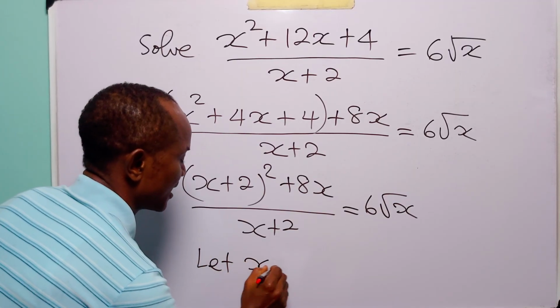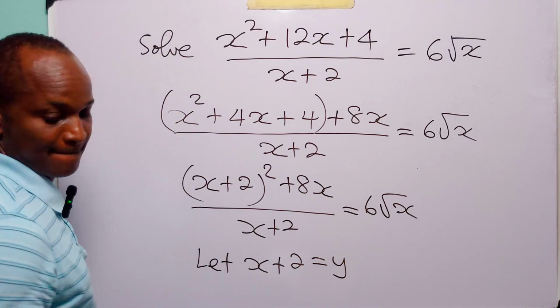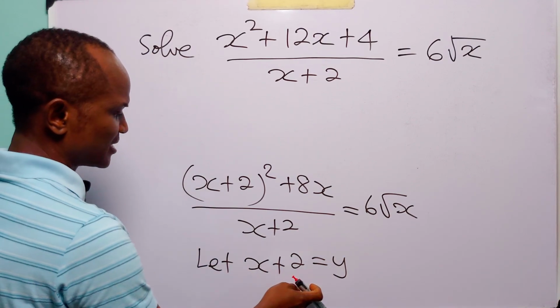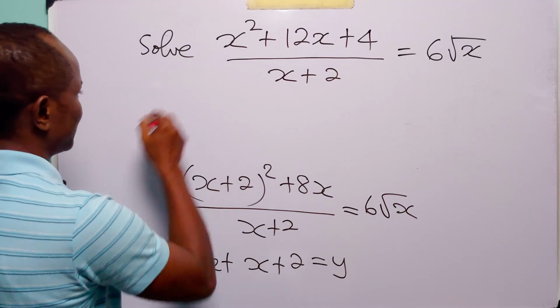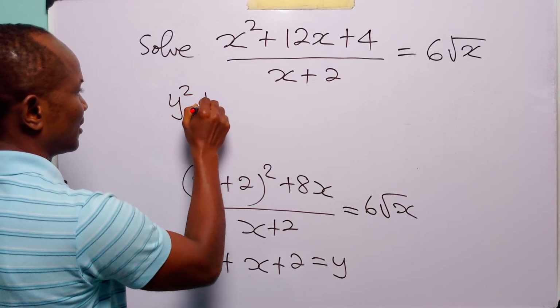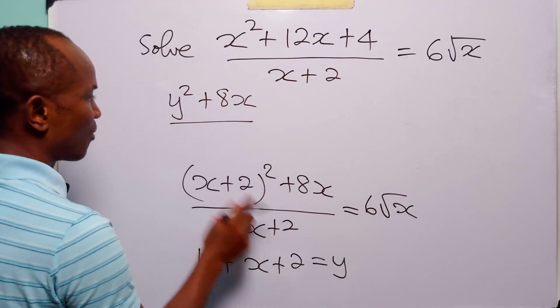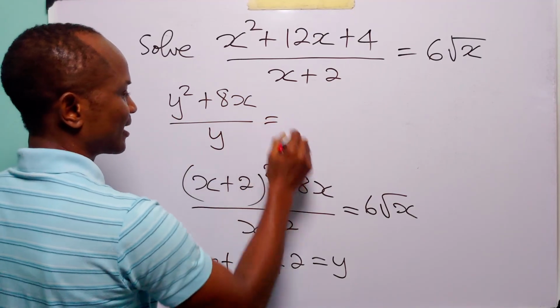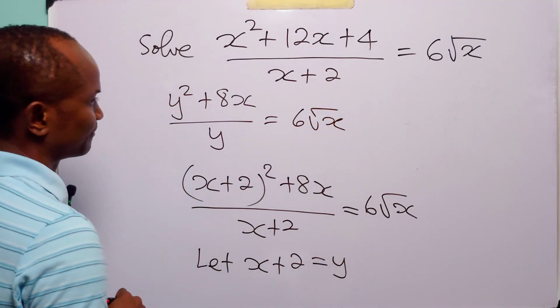Let x plus 2 be equal to y. And with this substitution, this equation is now going to be y squared plus 8x divided by y is equal to 6 root x.